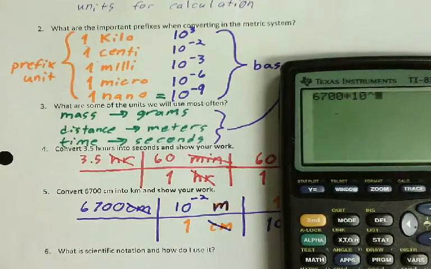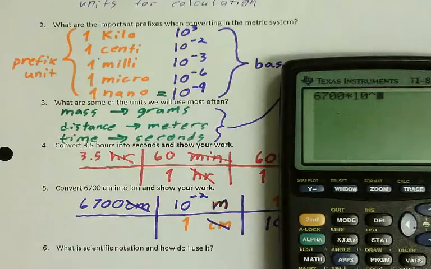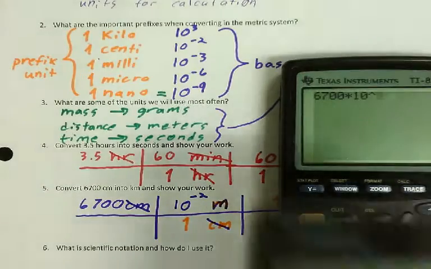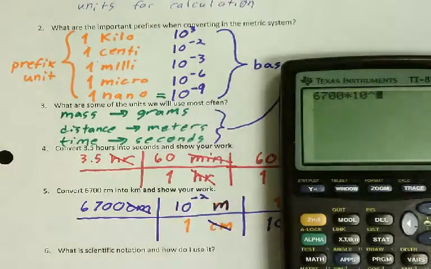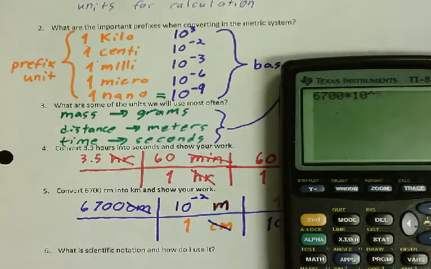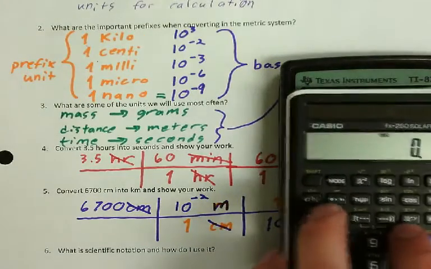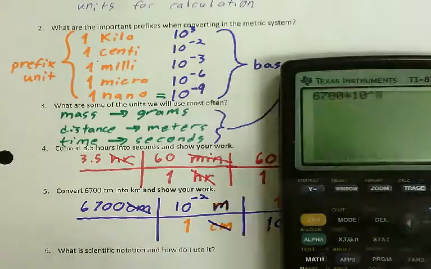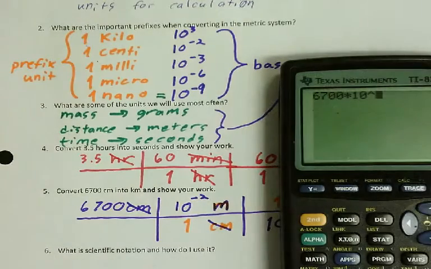Some calculators, the power button may look like Y to the X. Some, it may look like X with a little box above it. Some may look like X to the Y. Don't ask me why. It may be different. So if you don't know how to put it in, let me know.